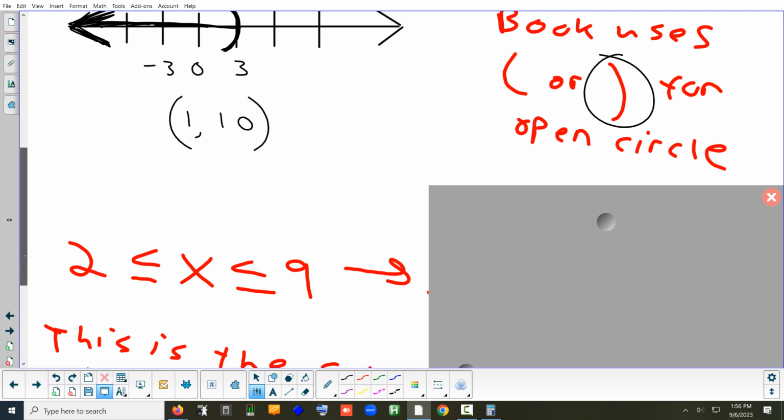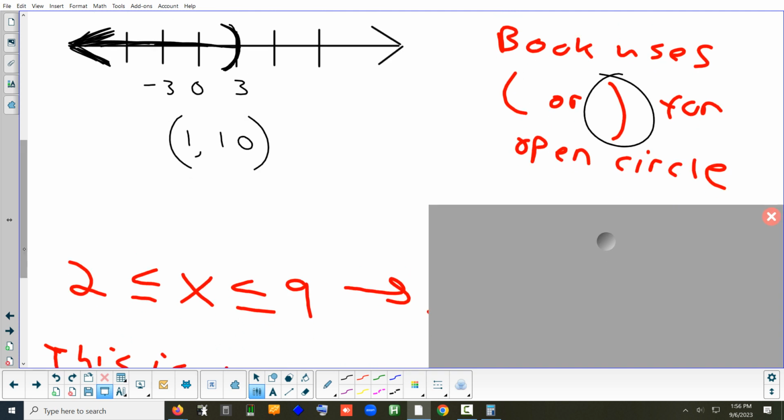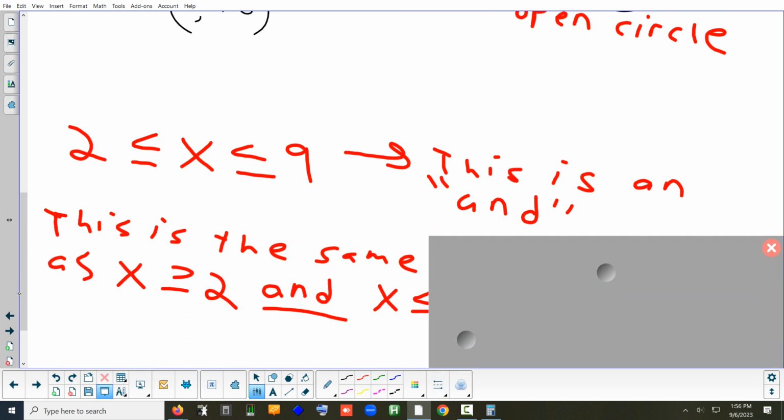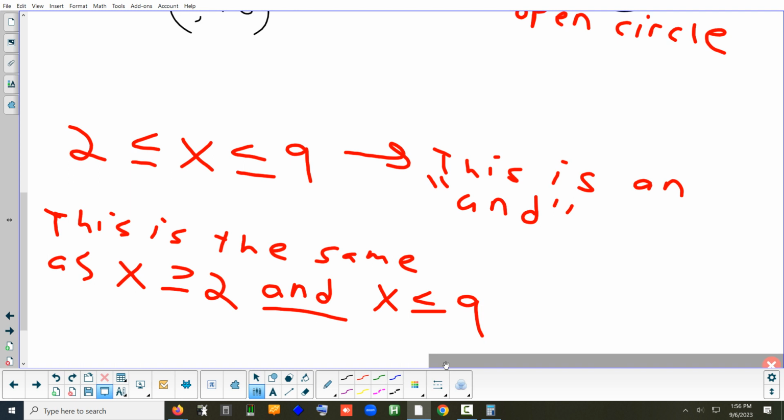Does anybody know what word I'm thinking of? Yeah, Alex? Yeah, and. Yep, the word and. So this is called an and. It's exactly the same thing as writing that.